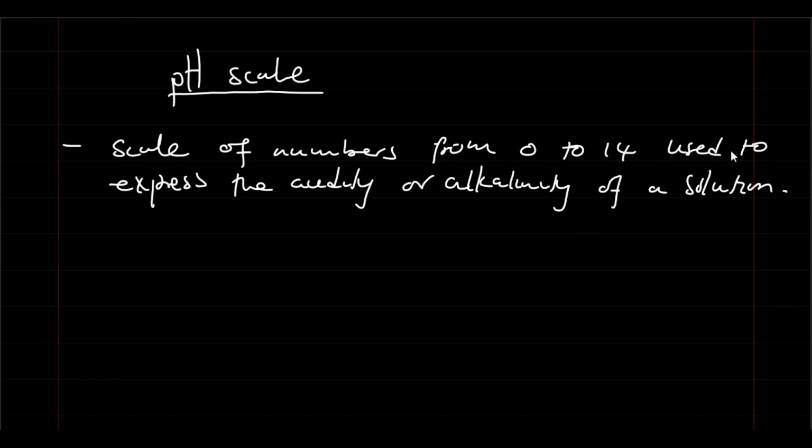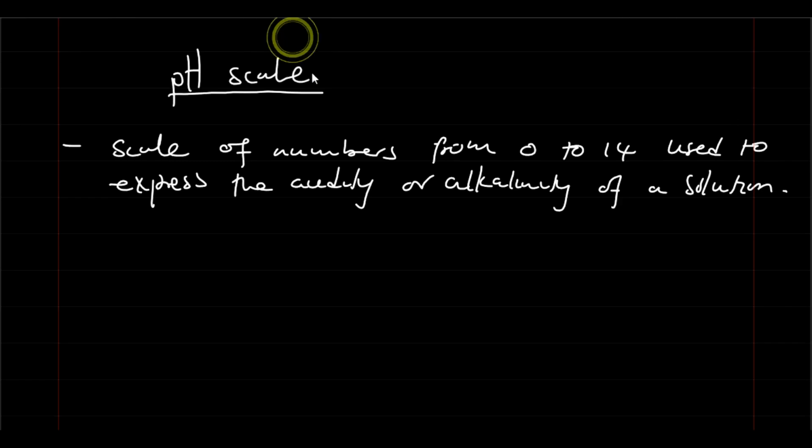By now you know that when pH is less than 7 it is acidic, when pH is equal to 7 it is neutral, when pH is greater than 7 it is alkaline.